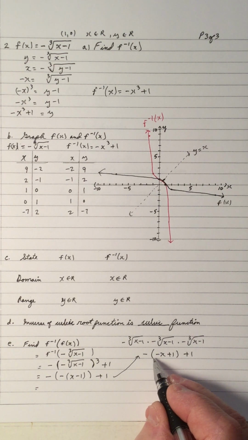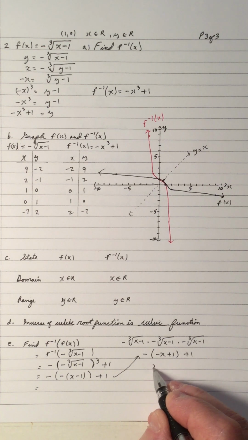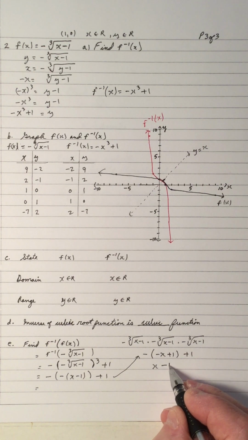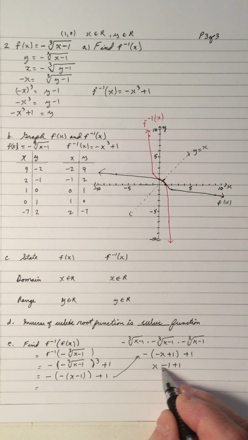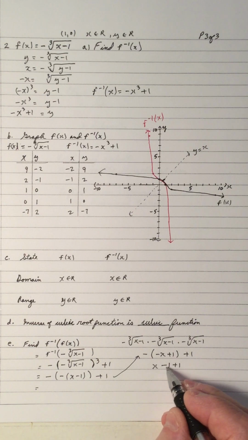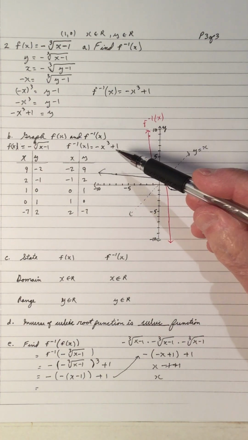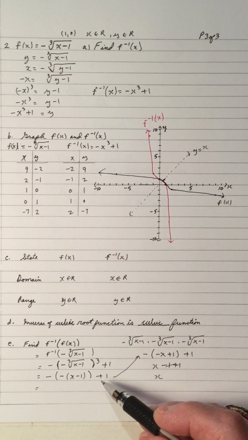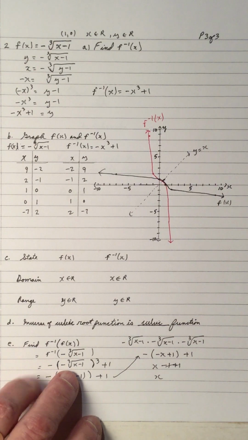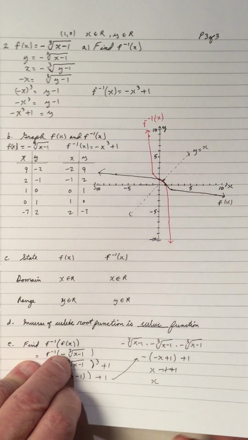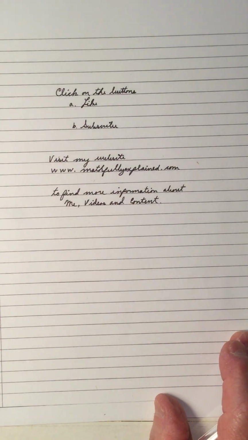So the negative times a negative is a positive. Negative times a positive is a negative. So I did the negative of negative x plus 1. There it is, x minus 1. And they cancel, and I get an x. Because they're the inverse of each other, the composite of the inverse is always an x. So just inverse of cubics. Just wanted to do a video on those.